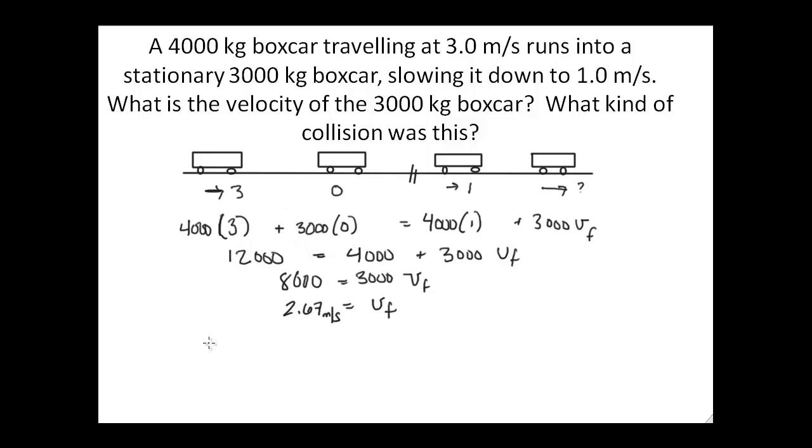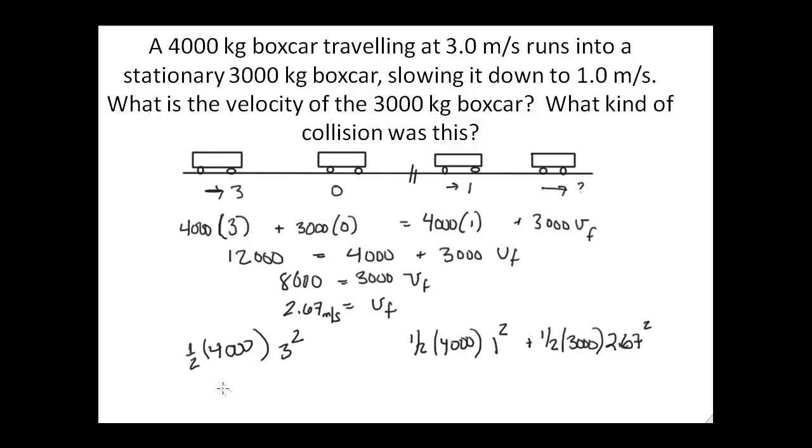So we have to find out the kinetic energy, which is 1/2 mv squared. So prior to the collision, we would have 1/2 times 4,000 times 3 squared. And after the collision, we would have 1/2 times 4,000 times 1 squared plus 1/2 times 3,000 times 2.67 squared.